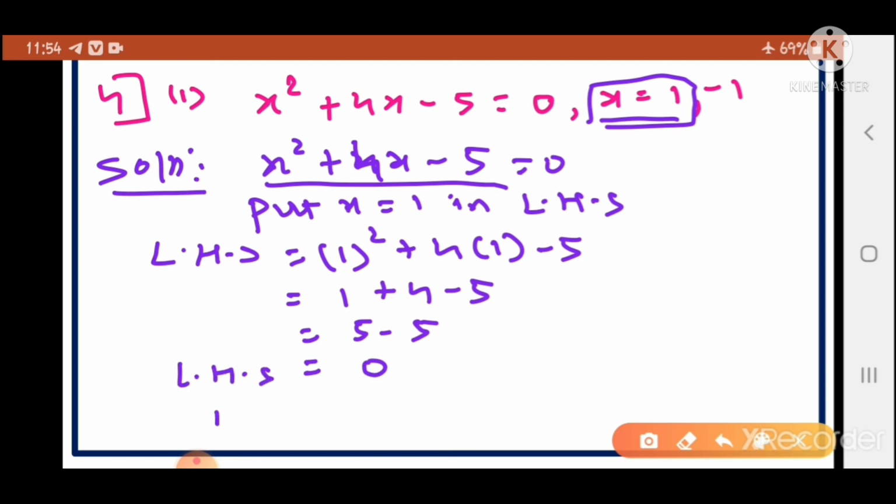So can I say LHS is equal to RHS? Yes, because RHS is already 0 right here. So LHS is equal to RHS.